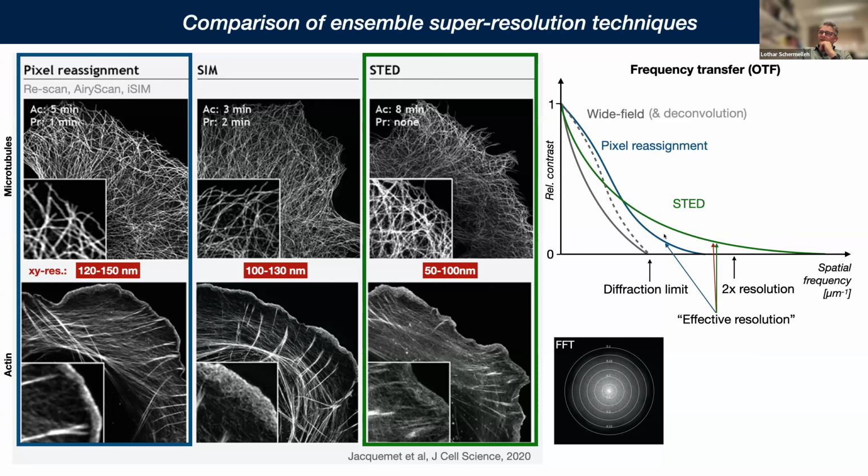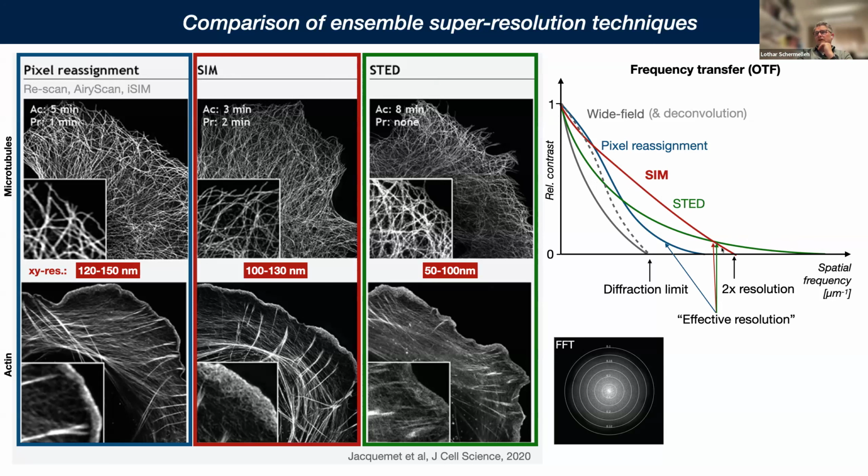But it's clearly not a linear display, and that is where SIM is really different, because it gives us a fairly straight transfer of frequencies. That means it depends very much on where your noise or background is and where it crosses over. When you have very low background, STED will win out, otherwise SIM will win out.